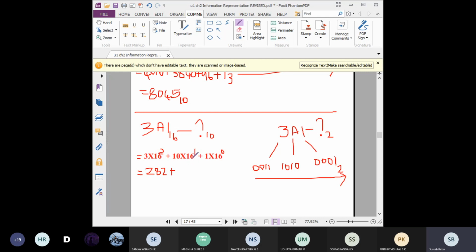Then 10 into 16 power 1, that is 16 into 10, you will get 160. Then finally 1 into 16 power 0, that will give you 1.